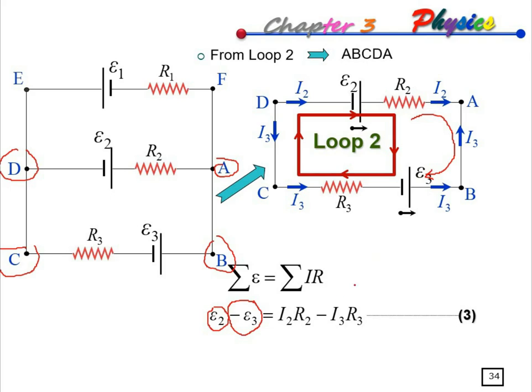So I2 times R2 plus minus I3 times R3. Why is I3 times R3 minus? Because the direction of the current is opposite to the direction of the loop. That's why it has the minus sign. So now we have the equation of the second loop.